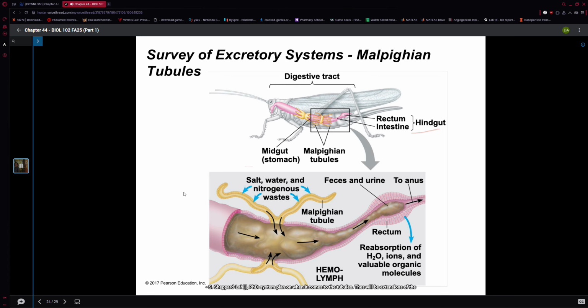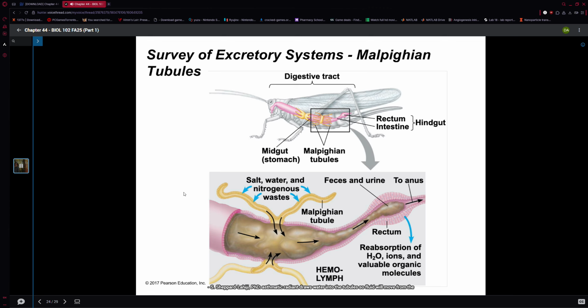The tubules are extensions of the digestive tract, and they'll collect water and waste from the circulatory system. Salt, water, and waste will enter the tubules, and certain ions can help to generate an osmotic gradient during this process, and that osmotic gradient draws water into the tubules.